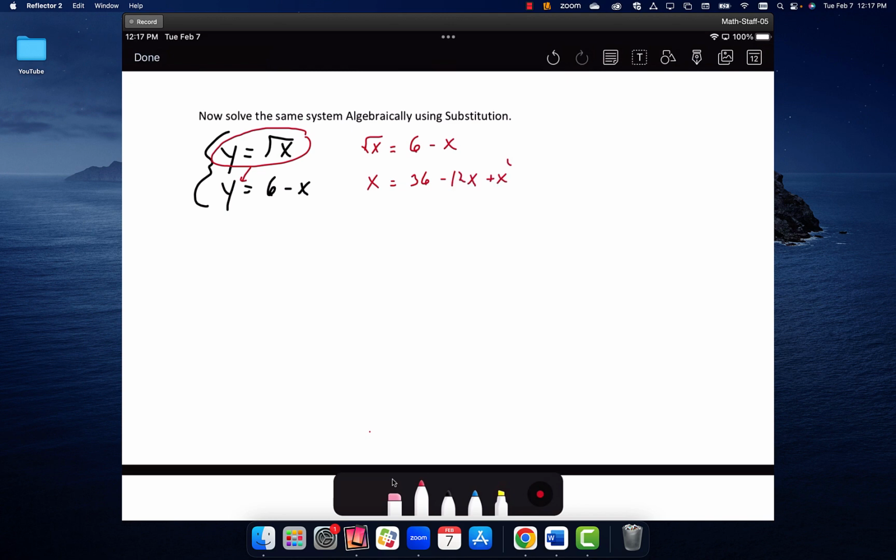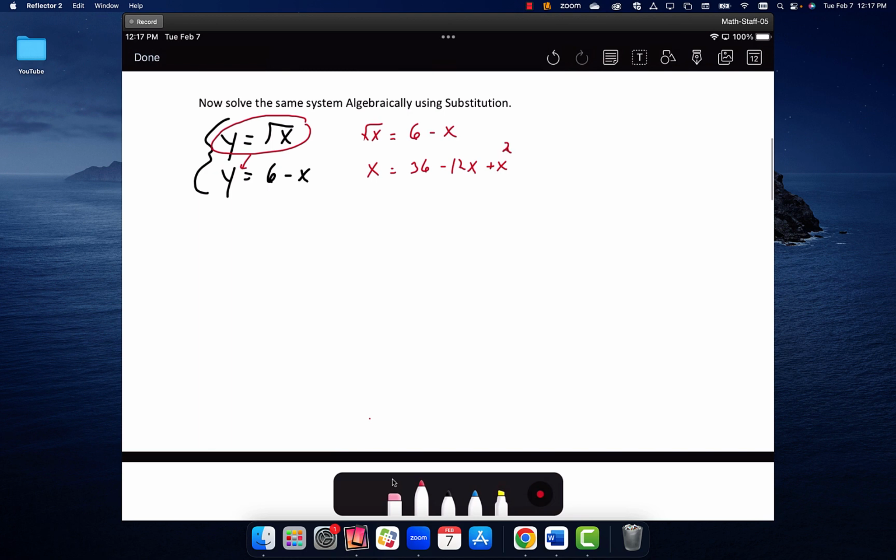And now we have a quadratic. With this quadratic, we will set it equal to 0. So we'll subtract x over, and I'm going to reorder these terms to make it look better. So we have our quadratic. Next we'll factor this.